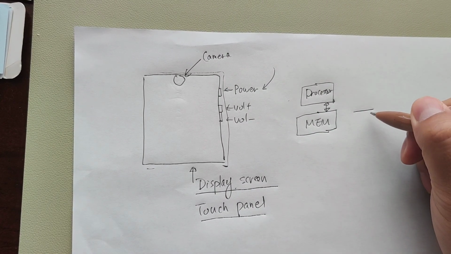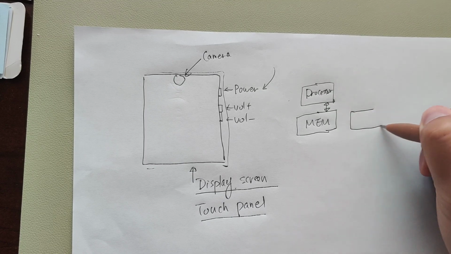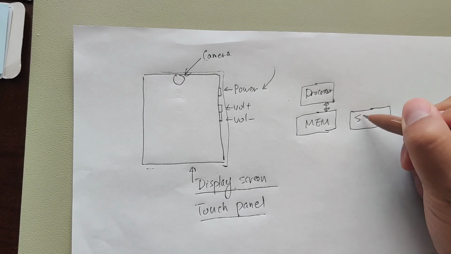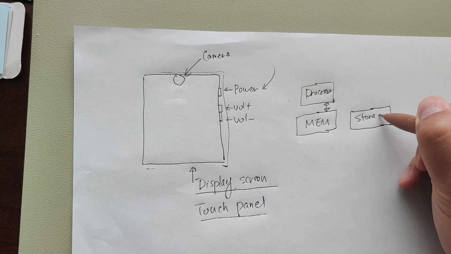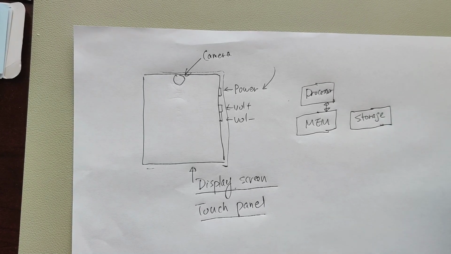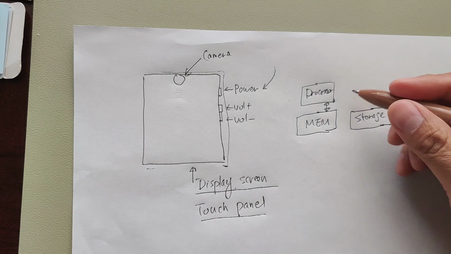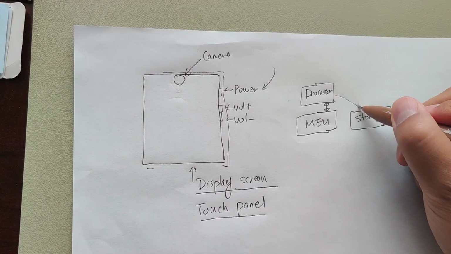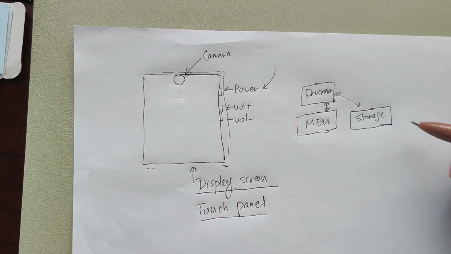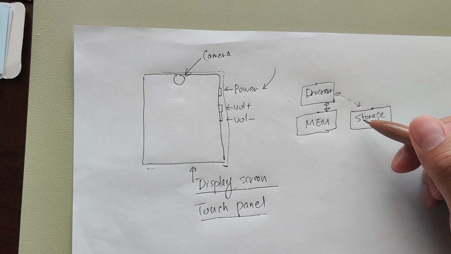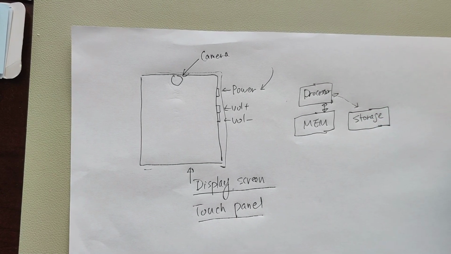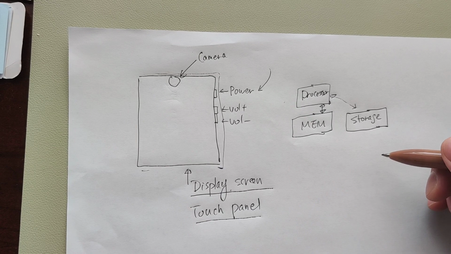So to save your stuff when you're powered off, there is something called a storage. Storage, like when you power off the phone, you still have your apps, your data, your photos. Those are being used to store your information even if your phone is powered off.